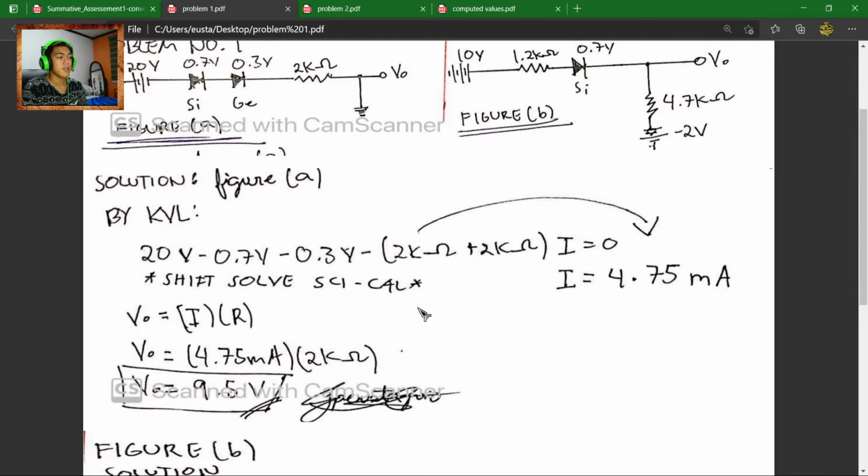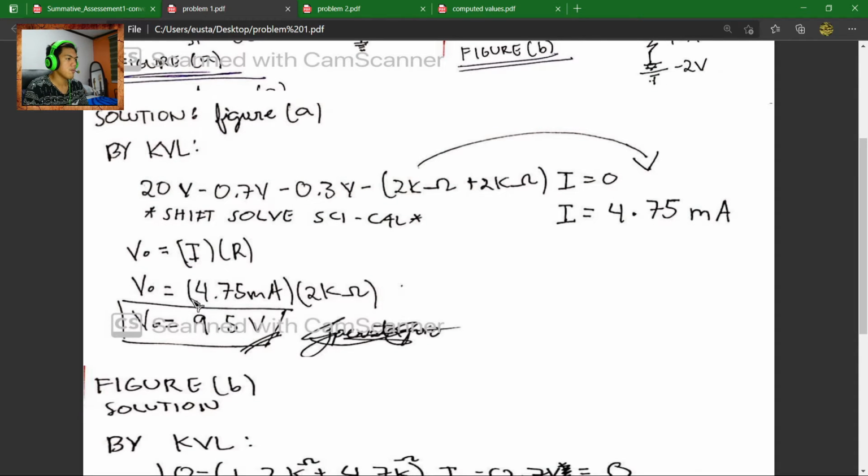So that I can compute for the VO, we are going to use the voltage formula, V is equals to current times resistance, VIR. If the current is 4.75 milliamperes, we multiply it by the resistance, which is 2K ohms. So VO is equals to 9.5 volts. That is my computed value for problem number 1.